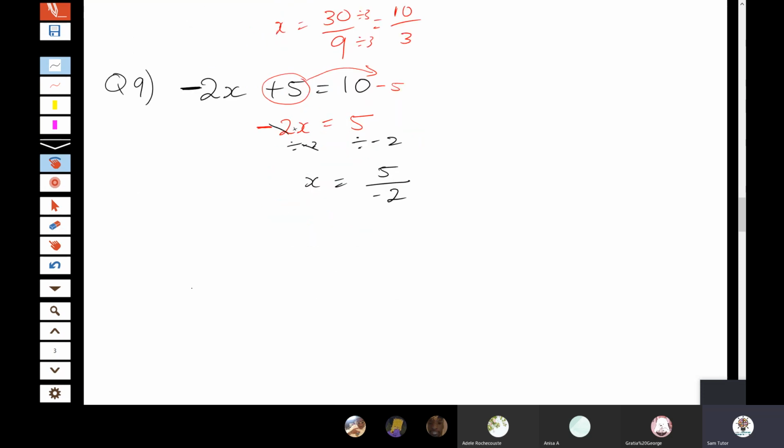And last but not least, what if I actually made it like this? 6 plus 3x equals 15. Can someone tell me what they would get rid of first, the 6 or the 3? First, you would do the 6. Good man. You leave the x to last. That's it.